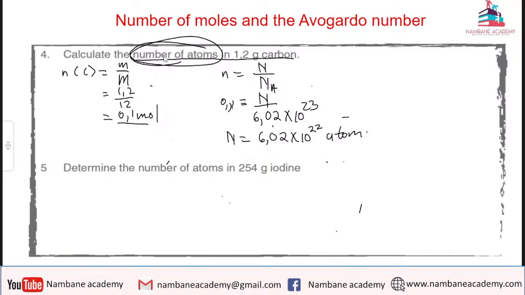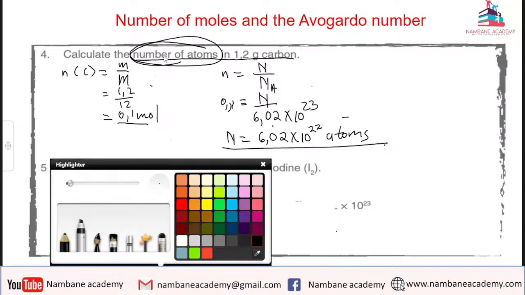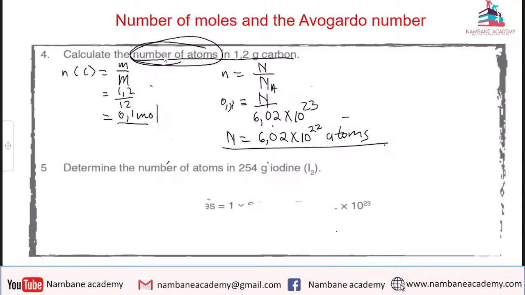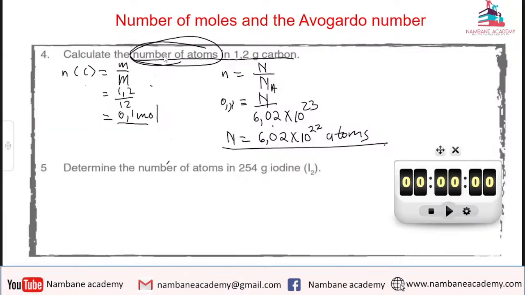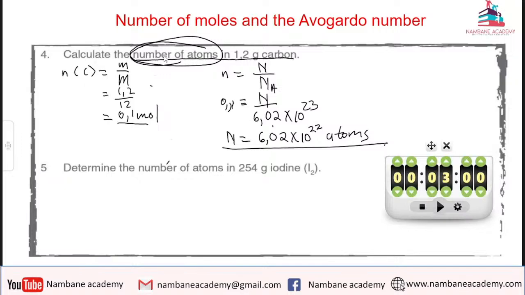SI unit, very, very important, because remember, we are working with measures of different quantities. Ladies and gentlemen, with that being said, let's now try number 5 in the next 2 minutes, or I will even give you 3 minutes for that.